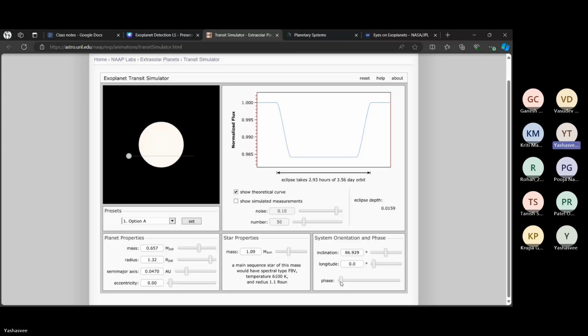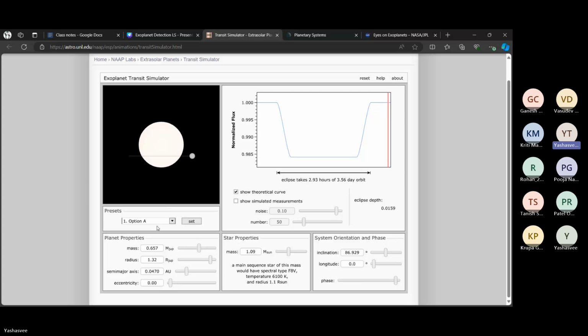As the planet revolves around the star, we see there is a drop in the brightness. There is a drop in the light curve. So by understanding this drop, we can predict whether it is an exoplanet and what the mass of the exoplanet could be, and various other parameters. You will understand what parameters can be determined in the module.